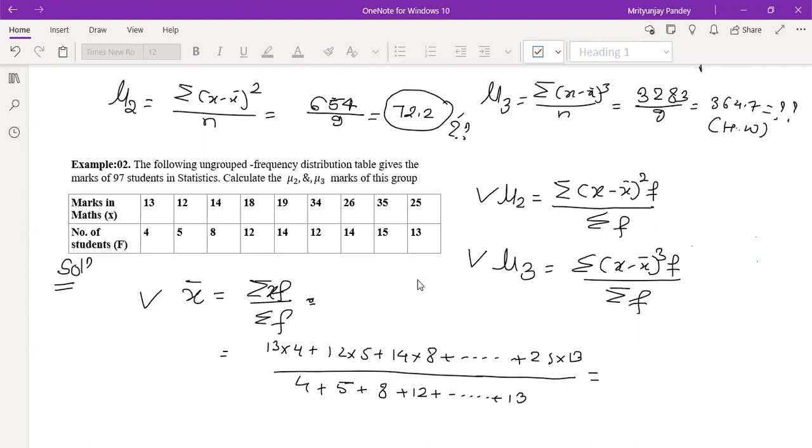So 4 into 13, 5 into 12, like that, till 13 into 25, divided by summation f, that is 4 plus 5 plus 8 till 13. But in this question summation f is already given, that is 97. So when you add all these values, we will get 97. So divide by 97.